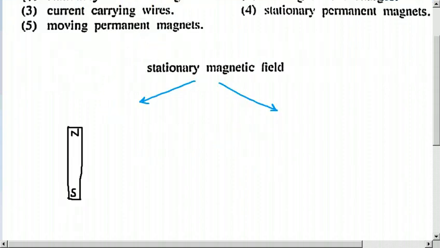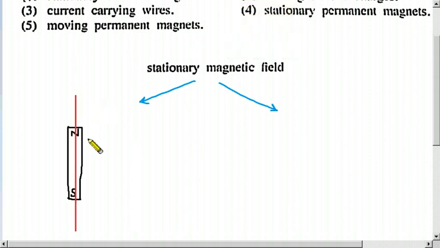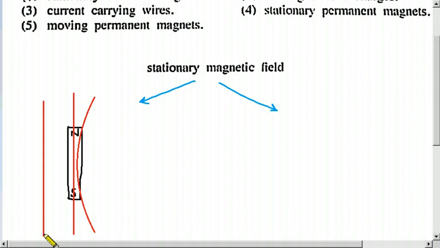If you have a permanent magnet like this, there is a stationary, stable magnetic field. It doesn't change. That is the idea. If we say stationary, it is fixed.